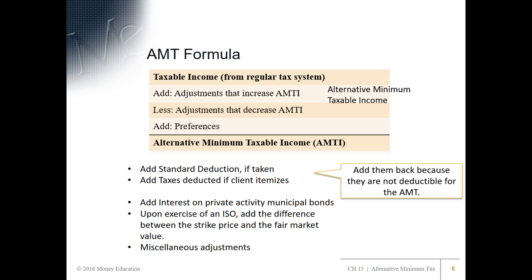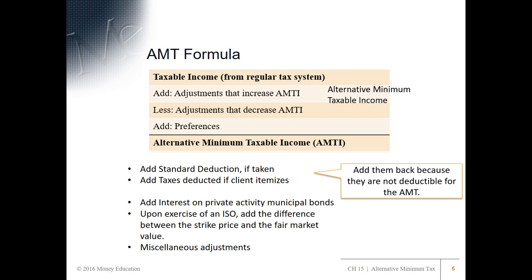Okay, upon exercise of an ISO, you're going to add the difference between the strike price and the fair market value. So, again, in your reading, I ask you to go back and read about incentive stock options to just refresh your memory.